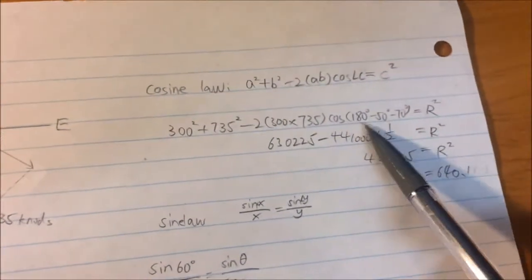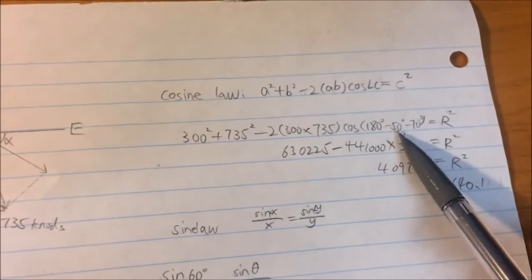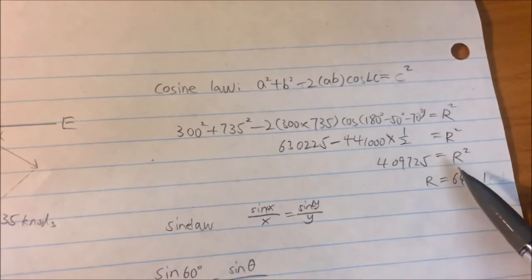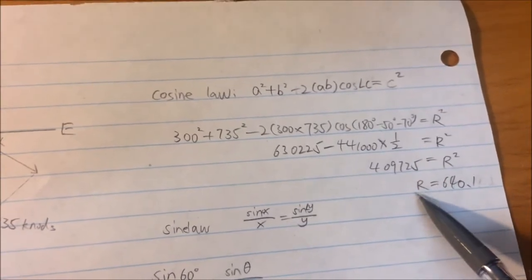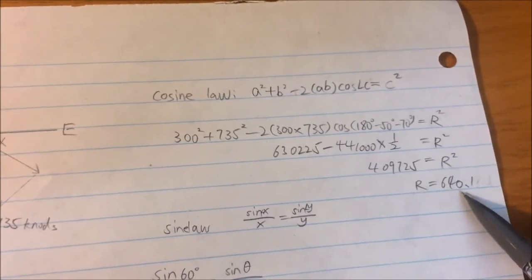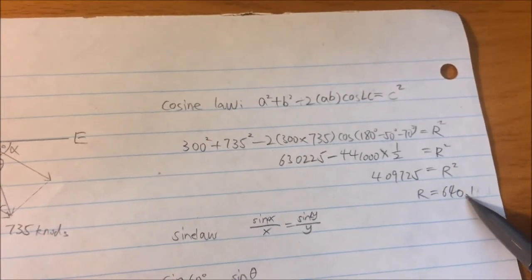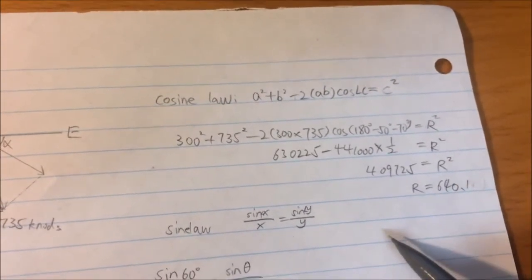So this angle is 60, and it equals r squared. As you can see, so on and so on, and in the end r is equal to 640.1. If you don't mind, you don't have to write the 0.1 right here, it doesn't really matter.